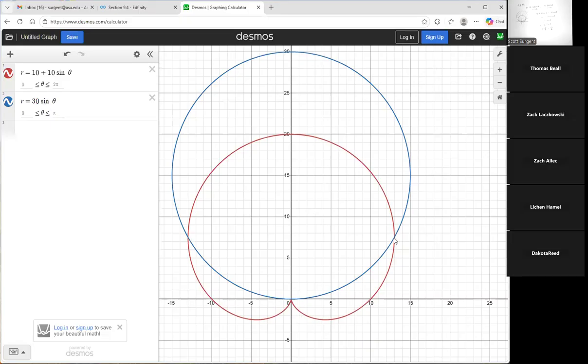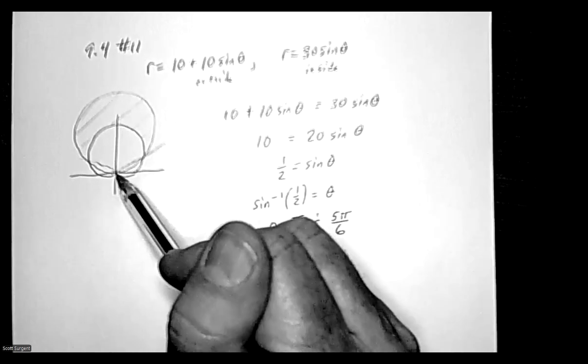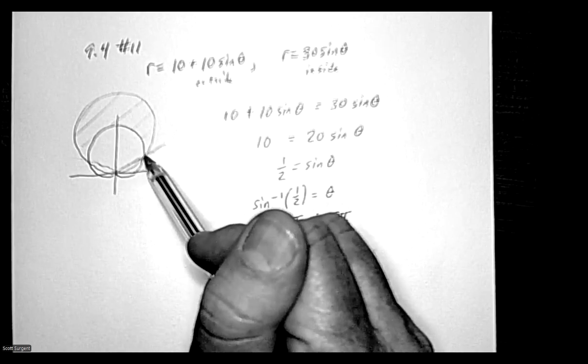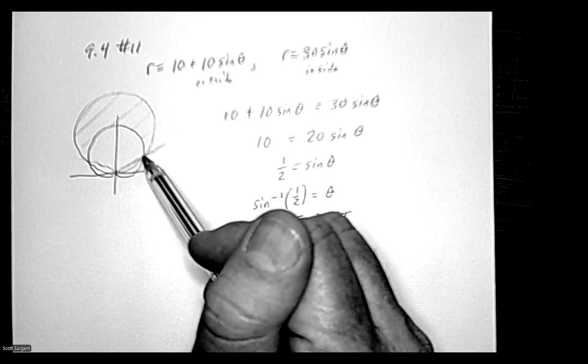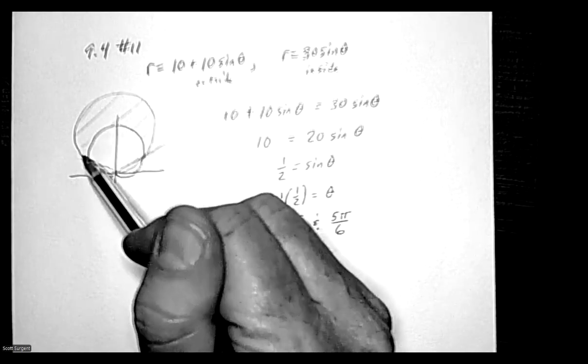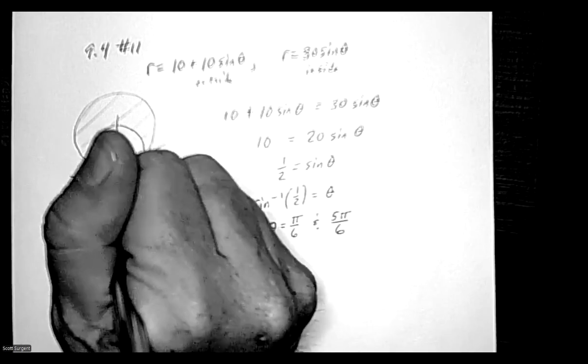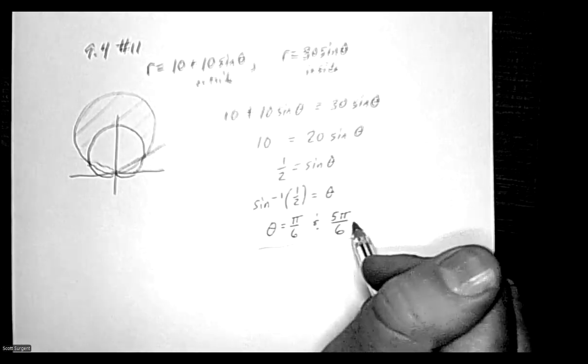Okay, but this seems correct. So at the angle pi over 6, that's this angle right here, 30 degrees, the curves intersect, and then it comes back down to 5 pi over 6. So these would be your bounds.